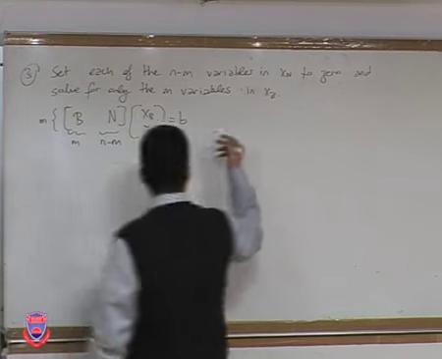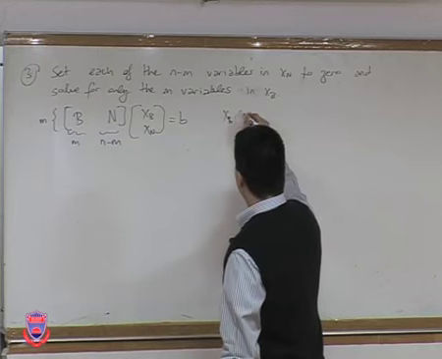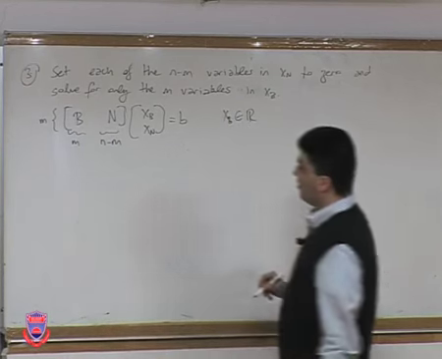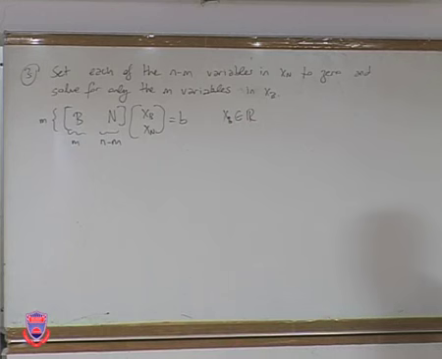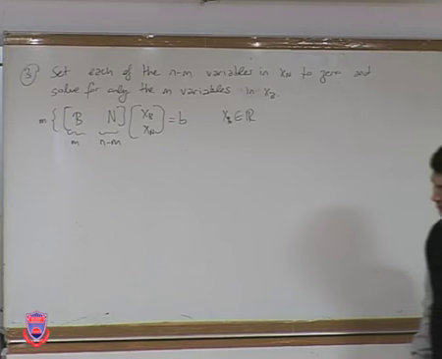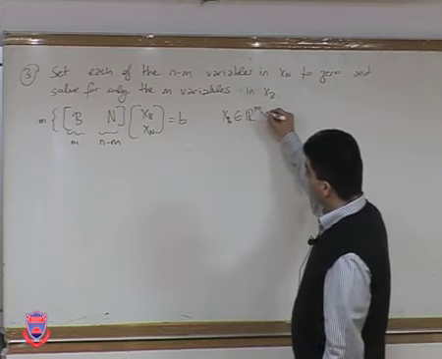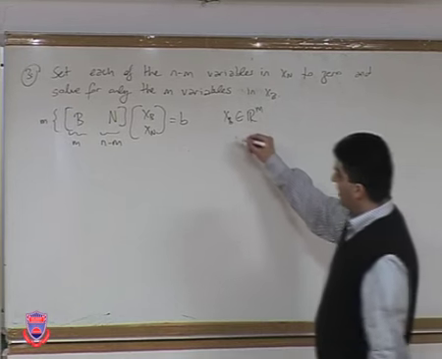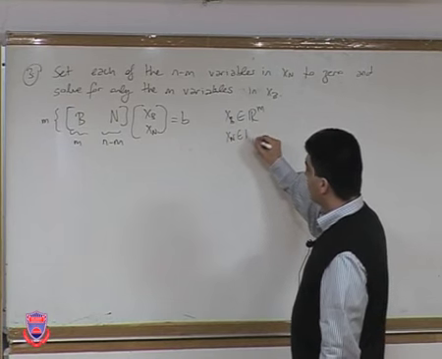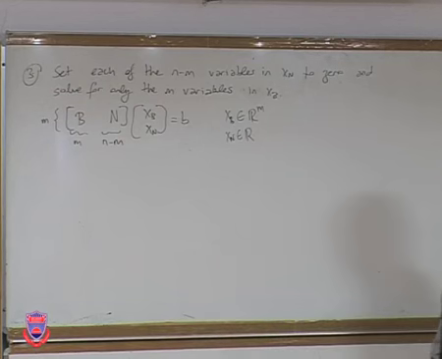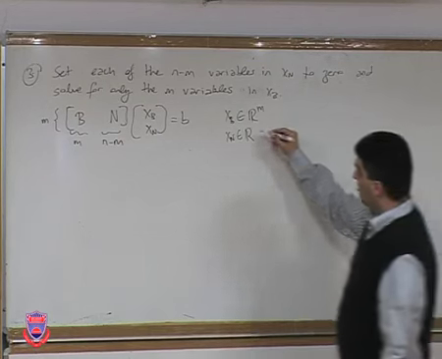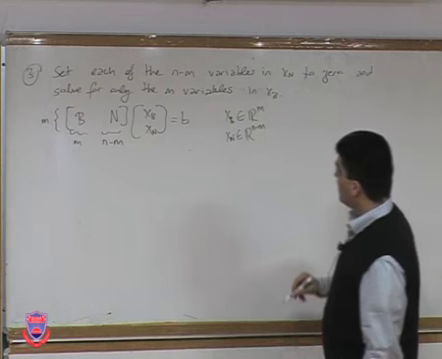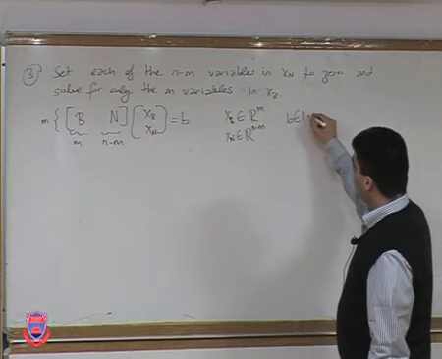How many variables does xb have? There are only m variables in xb, right? Okay. How many variables are there in xn? Exactly. So the number of variables in xn is n minus m, and b again is an m-dimensional vector.